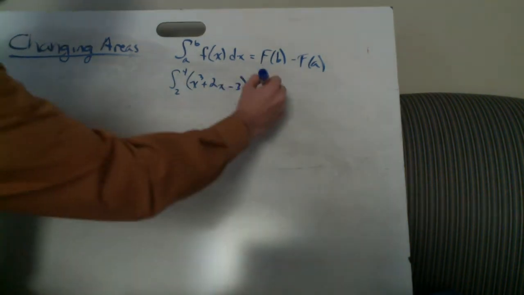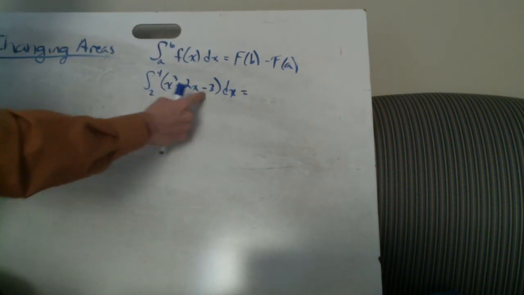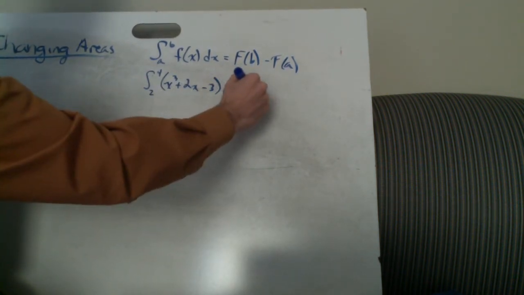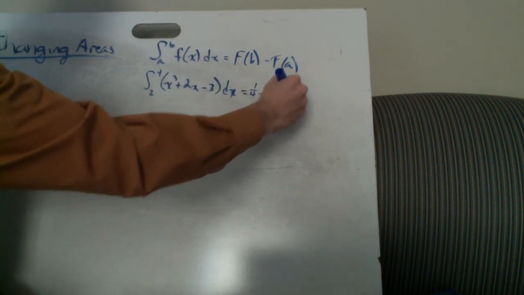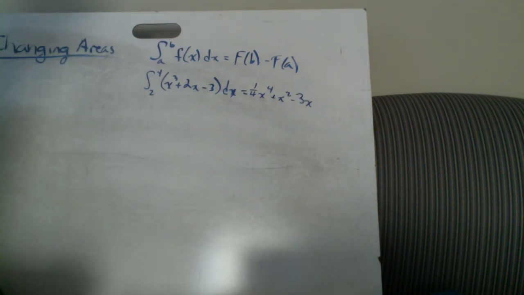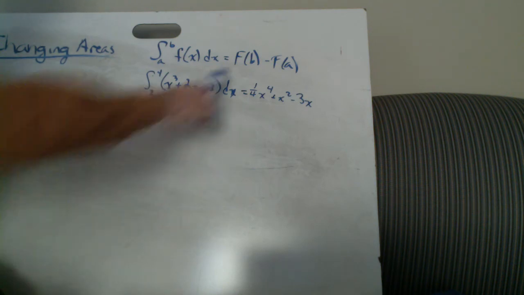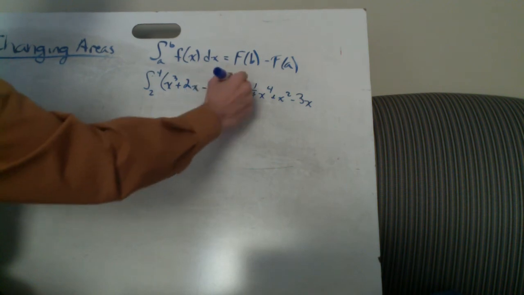So let's see what I get. Well, I'll take the antiderivative first. The antiderivative of this is 1/4 x to the 4th plus x squared minus 3x. And again, I get that plus c, but I don't have to worry about that anymore, because remember, when I subtract these bounds, that disappears. So I'm not even going to bother writing the plus c.